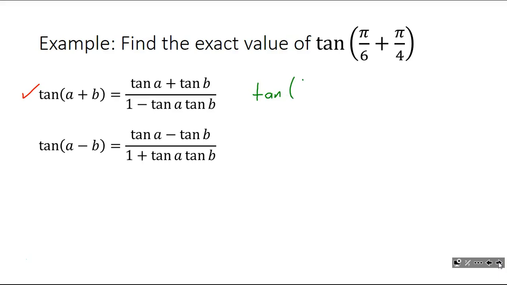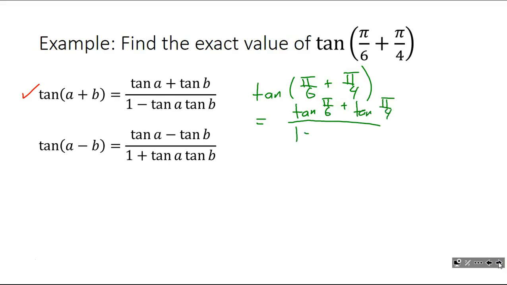The tangent of pi over 6 plus pi over 4 will be, according to this first formula, the tangent of pi over 6 plus the tangent of pi over 4 over 1 minus the product of those two tangents there. 1 minus tangent of pi over 6, tangent of pi over 4.